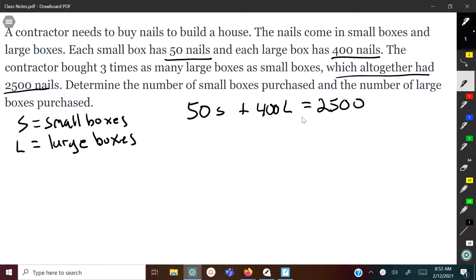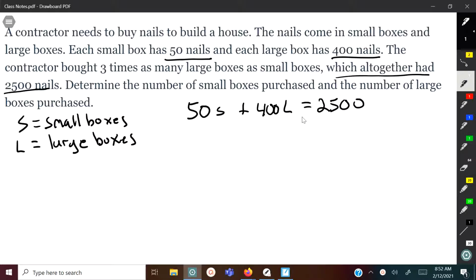We don't know how many small boxes or large boxes, but we know there's 50 in every small, 400 in every large, and together they equal 2,500. That's one equation. Now we've got to make another equation.